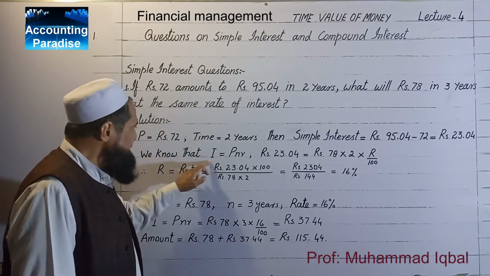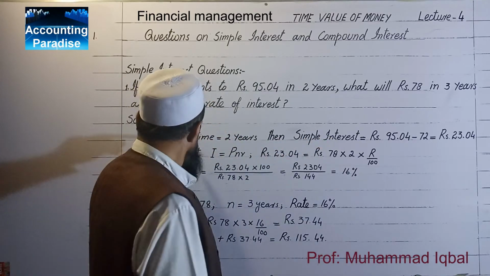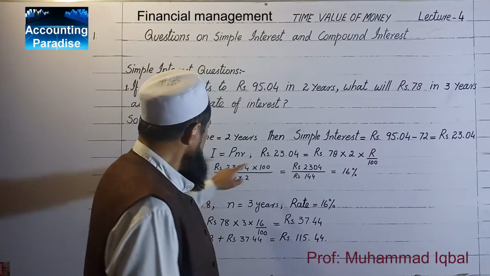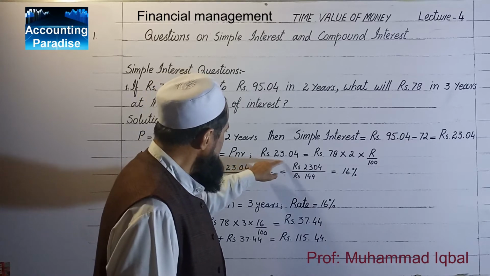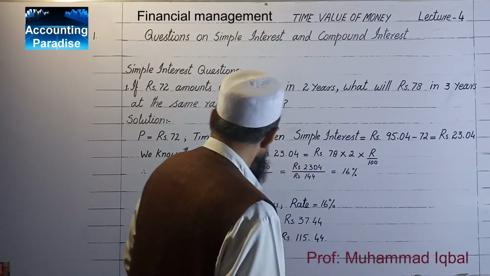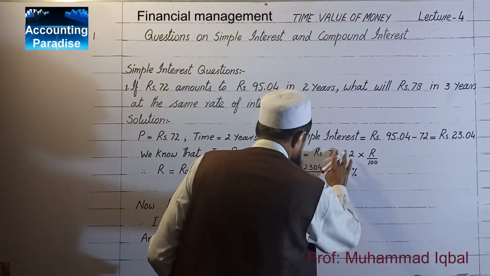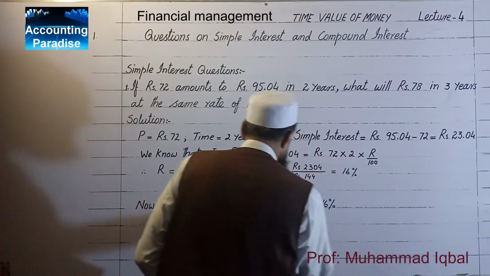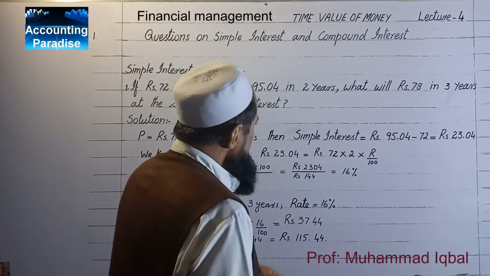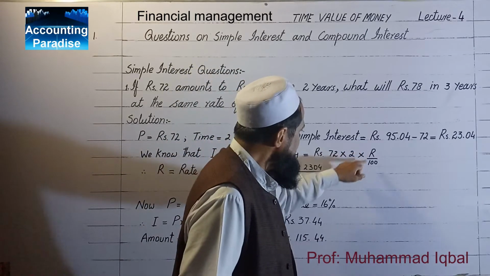We know that I is equal to PNR over 100. Now by putting the values, rupees 23.04 is equal to 72, the principal amount, into time 2 years, and rate is R over 100.